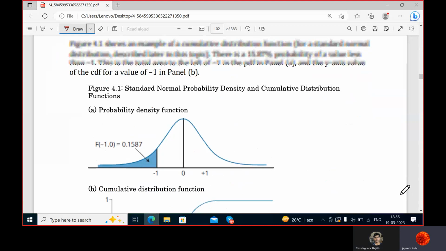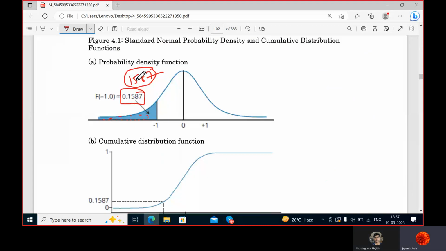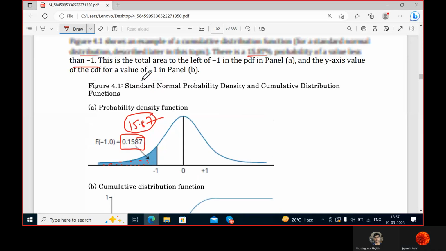That means it takes all the probabilities below -1. If you want a value less than -1, it can take any of this shaded space and the probability will be 15.87 percent. That's what this CDF says.